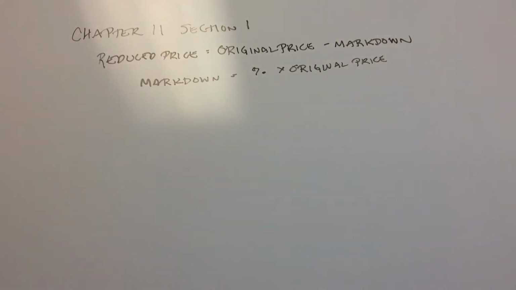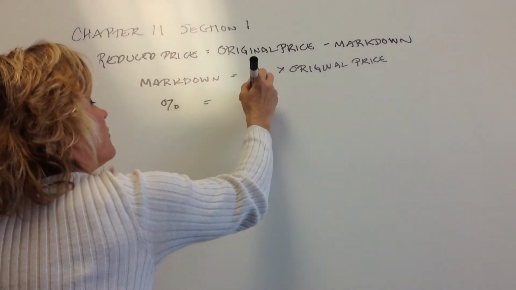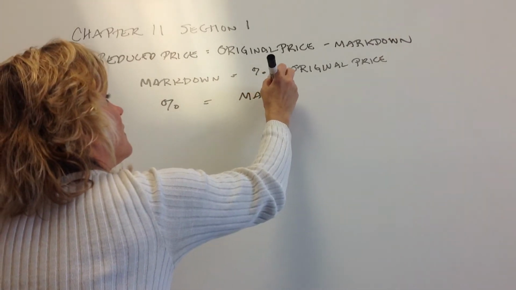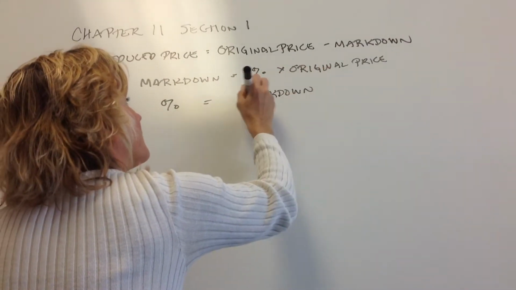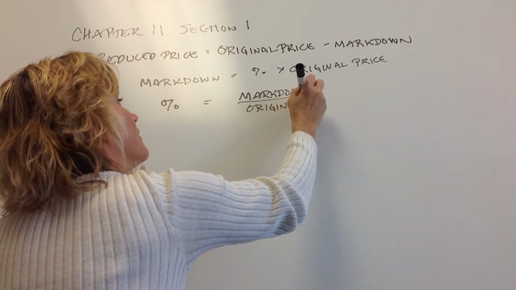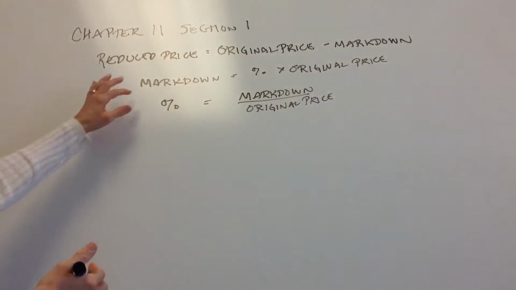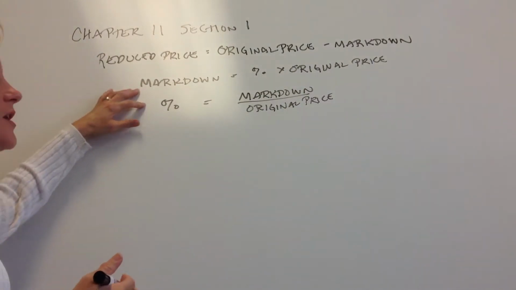Or the problem may ask what type of a percentage it is. So then our percent will be equal to our markdown divided by our original price. So those are kind of the basics of the formula. These two are just kind of rearranged.